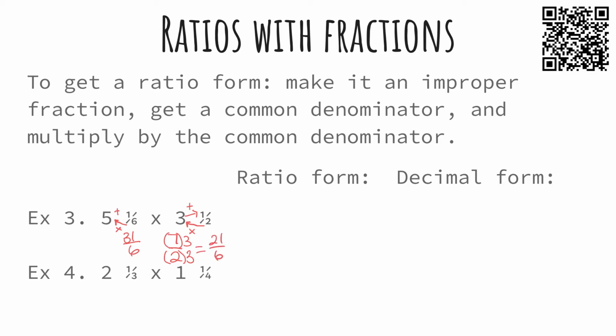Now, if we take the longer dimension, which is 31/6, and we divide it by the shorter dimension, which is 21/6. Remember, when you're dividing fractions, you need to multiply by the reciprocal. So when I multiply by that reciprocal, that is the reason why we got a common denominator, because the denominators cancel. So in ratio form, this would be 31 to 21.